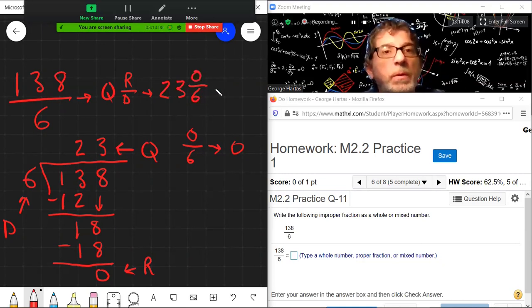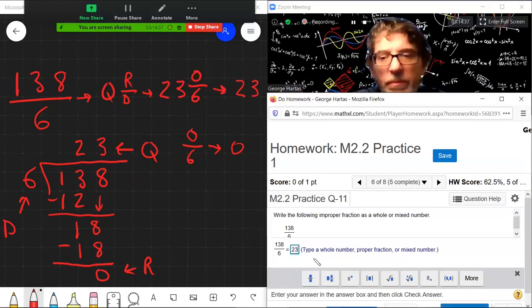So sometimes, just by coincidence, your answer, when you're converting from an improper fraction to a mixed number, becomes a whole number. By luck, by coincidence, it can happen, right? And it just happened right here. So whenever the remainder is 0, disregard the fraction part. So let's put 23 in and see what happens.